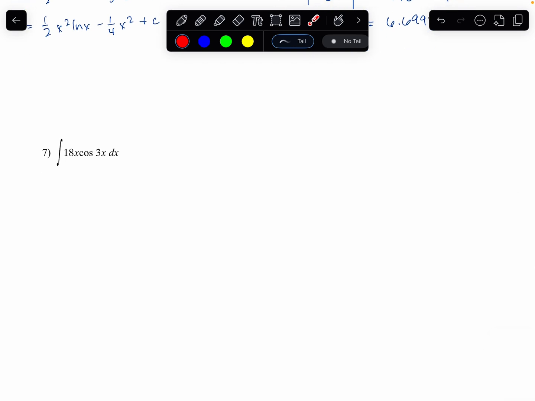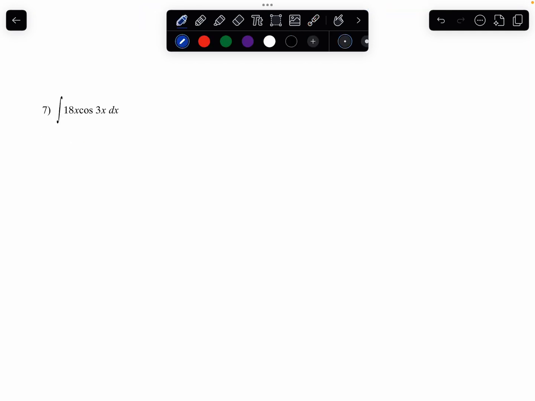I'm going to use a tabular method. So with 18x on the u column, and then cosine of 3x right here, so that's going to be 18 and 0. This is going to be 1/3 sine of 3x, and then this will be negative 1/9 cosine of 3x.